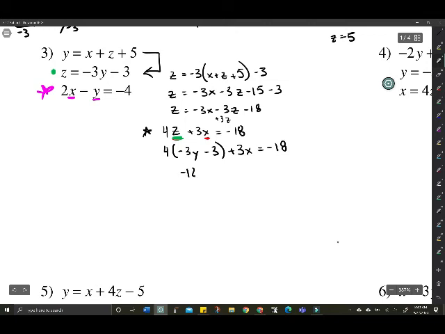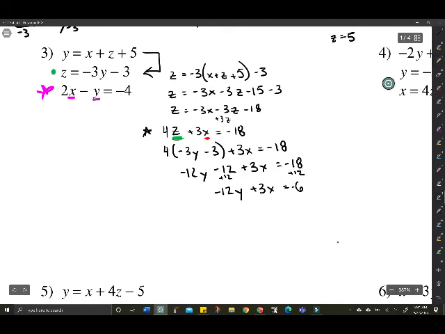That's negative 12y minus 12 plus 3x equals negative 18. And what that comes out to be, negative 12y plus 3x equals negative 6 if I add 12.